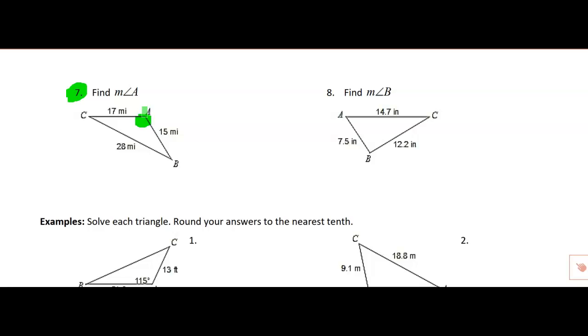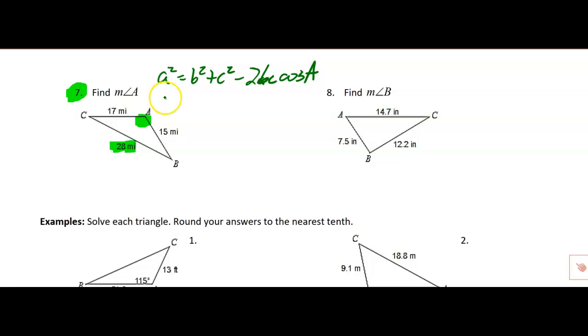Okay, what side is opposite to A? 28. So that's my pair. So my formula is then A squared equals B squared plus C squared minus 2BC cosine of A. Okay?